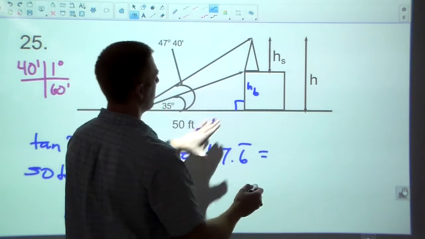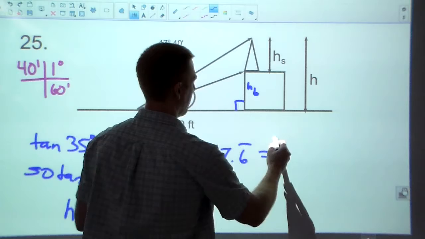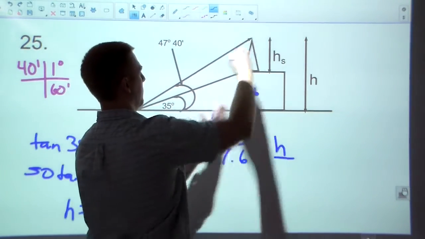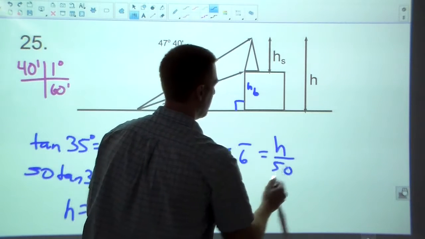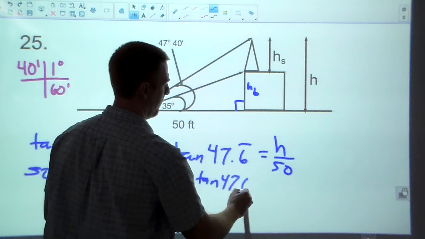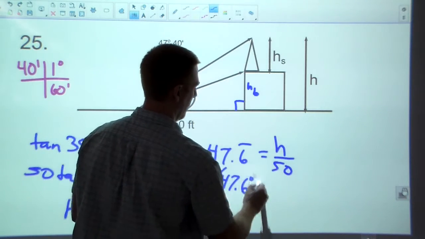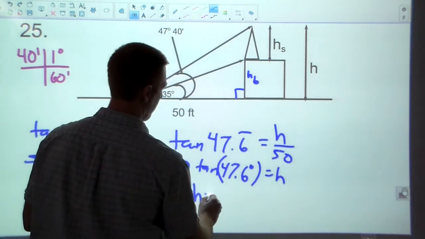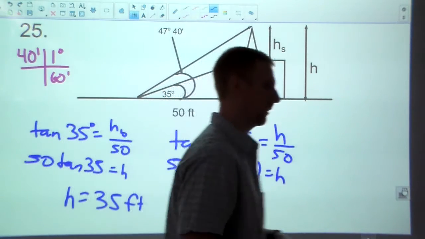That's the angle. And that'll be the overall height of everything over this 50-foot adjacent, because that's your opposite, that's your adjacent. So 50 times the tangent of 47.6 repeated, and it is in degrees again, is going to tell me the total height of everything. For that one, I got about 55 feet. It was about 54.9, so I rounded up a little bit.